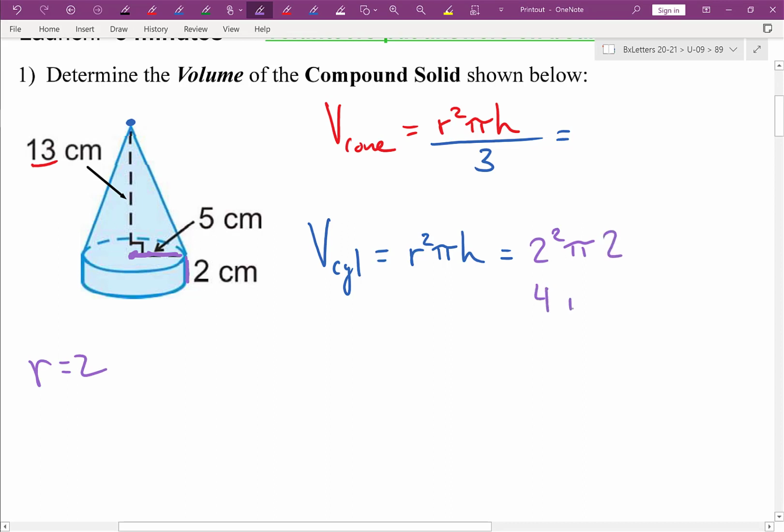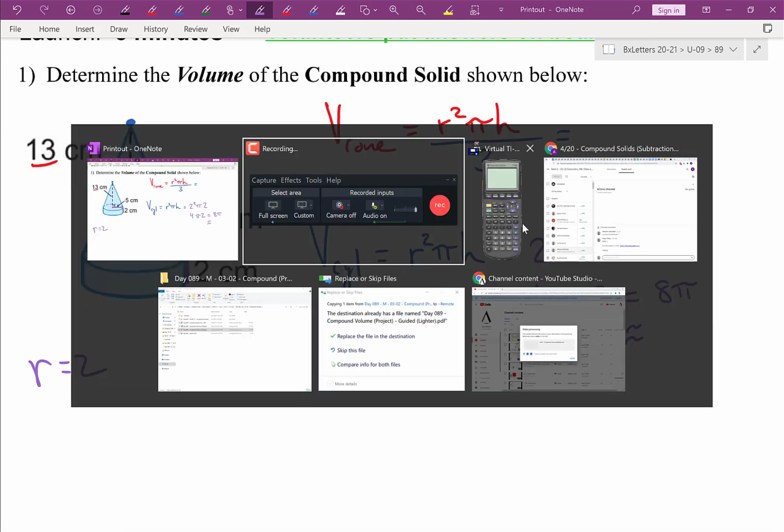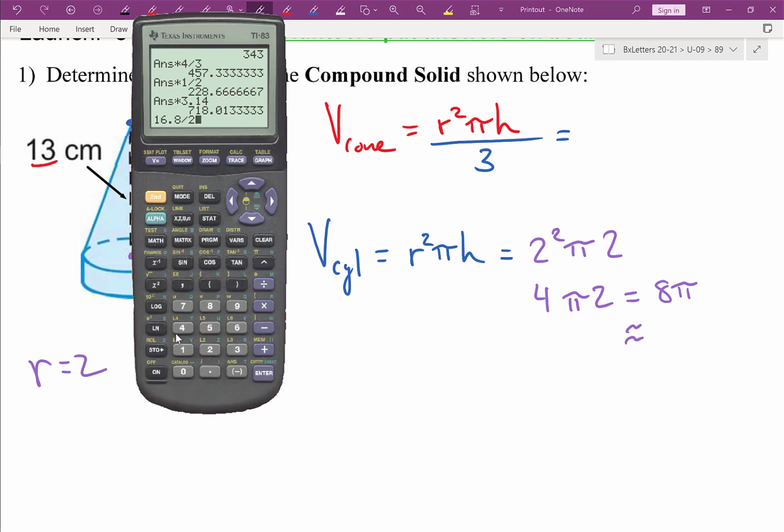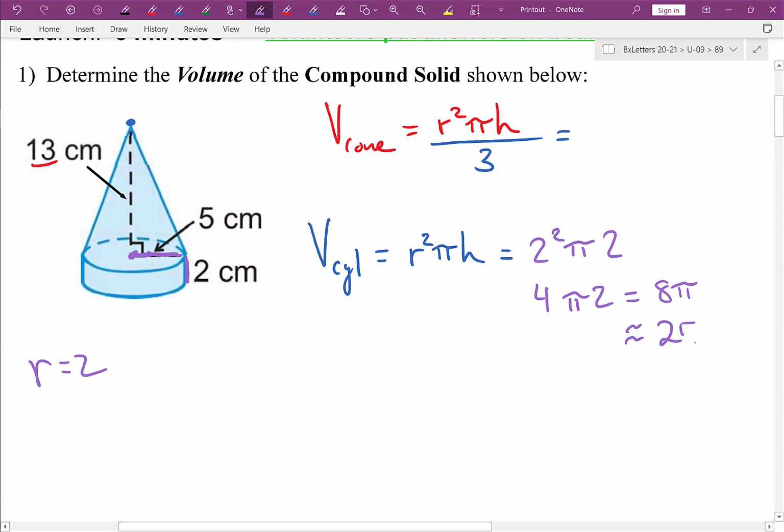So this is 4 pi times 2, which is 8 pi, which is approximately 25, we'll call it. I just want a round number.